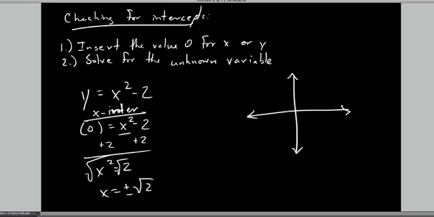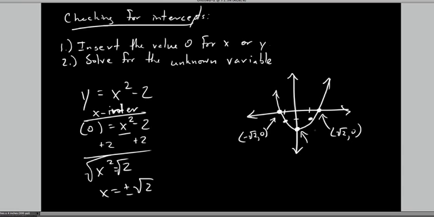Going back to that last example, we had negative 1, negative 1, and 1, 1, and we had 0, negative 2. If we were to cast this graph across here, it hits the x-axis at an x value of negative square root of 2, comma 0, and it hits the x-axis at positive square root of 2, comma 0.